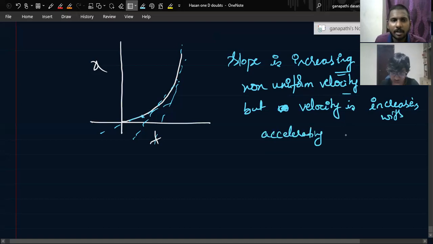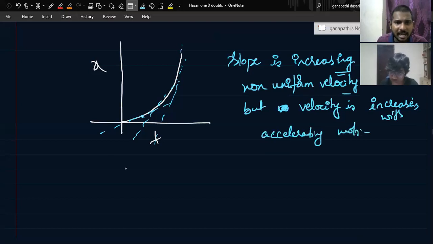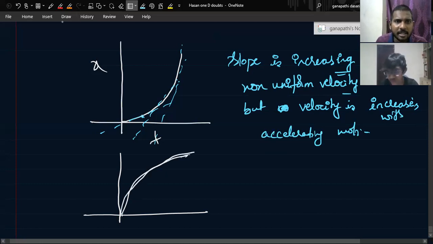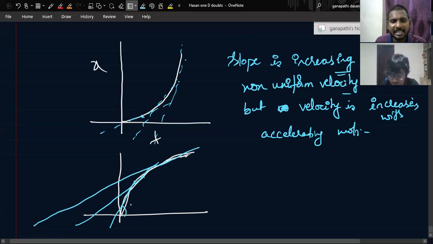So in a similar way, you see this another graph like this. The slope, you see the slope, Hassan. The slope is decreasing with time. This is a bigger theta, this is a smaller theta, and slowly the theta is decreasing.